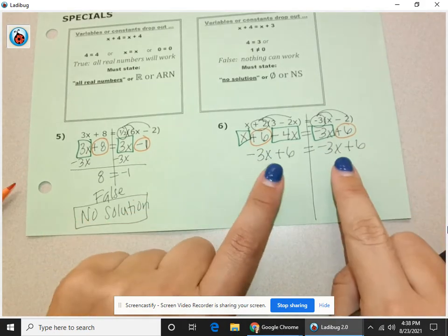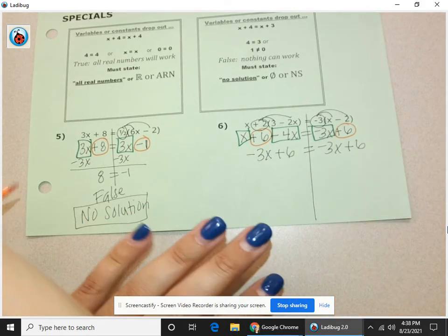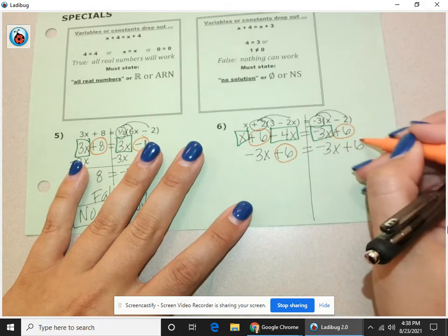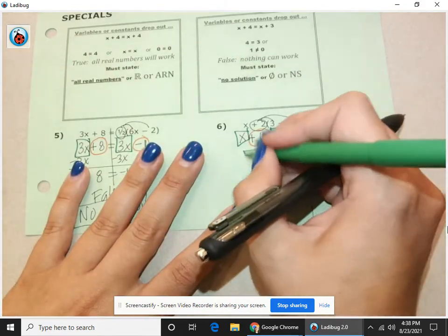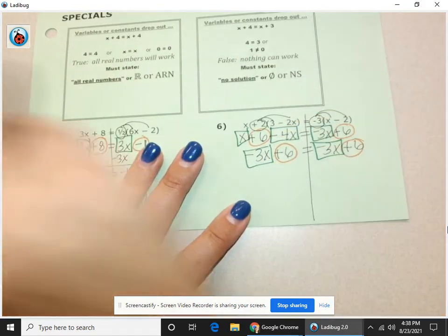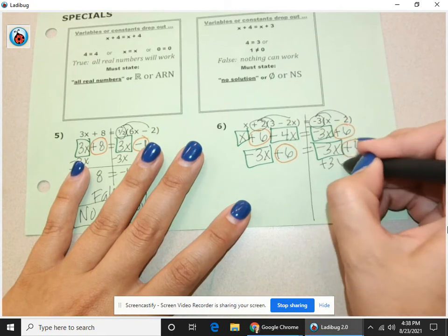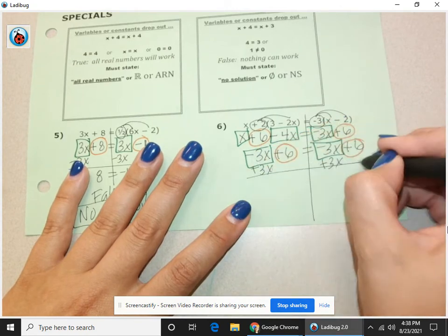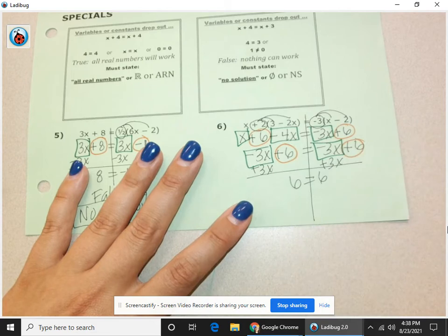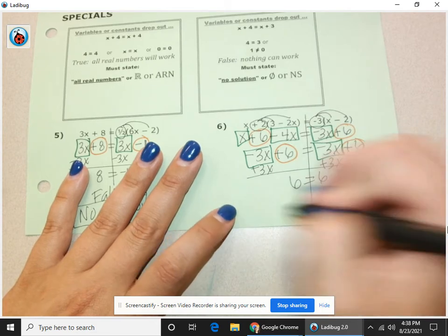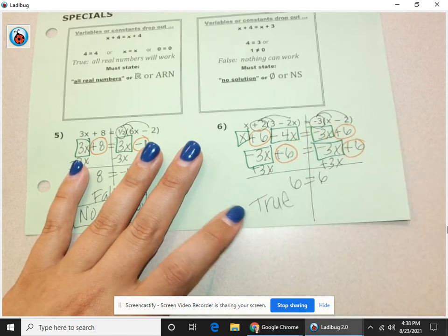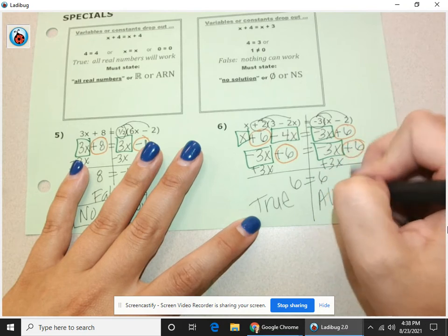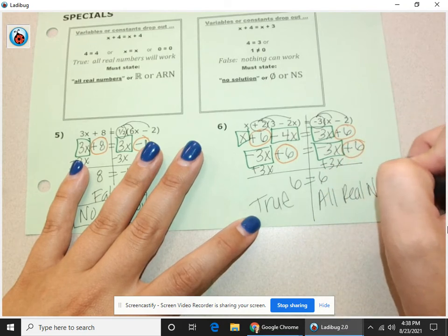If you notice, they're the same right here. But if you don't notice, you can keep going, because when I move my x from my right side to my left side, they're going to cancel out, and I'm going to get 6 equals 6. This is a true statement. So this is all real numbers.